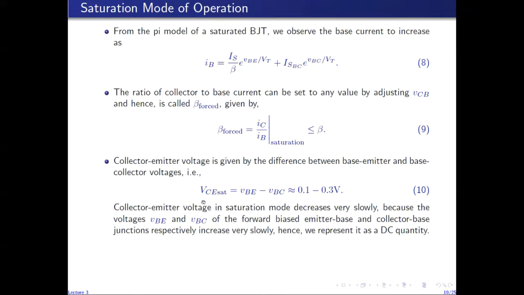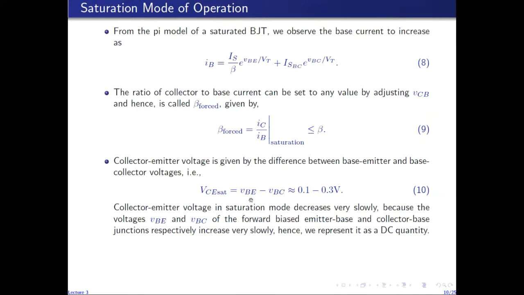Which is why we have chosen to represent the collector emitter voltage in saturation mode of the transistor as a DC quantity. If you remember the convention, we represent DC voltages with uppercase letters and uppercase subscripts. So the subscript here is CE. Sat simply indicates that it is the collector emitter voltage in the saturation mode. So this represents a DC quantity only because this varies very slowly.